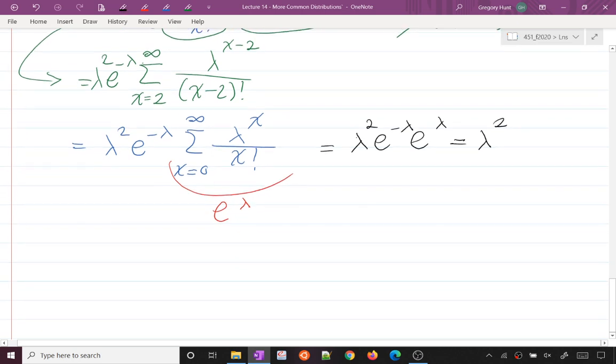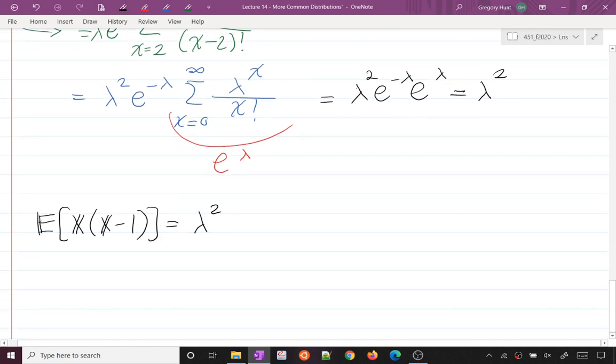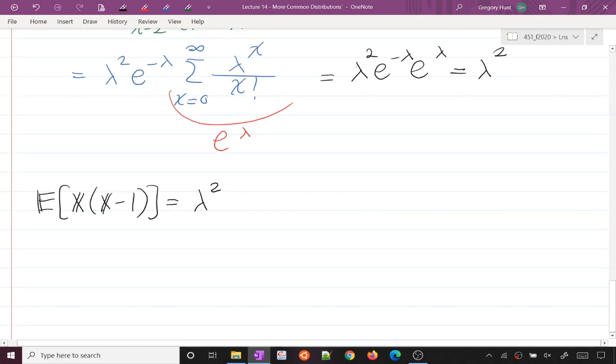So what we showed in this case is that the expected value of x times x minus 1 is lambda squared. And you could play this game with x times x minus 1 times x minus 2, and you would probably get lambda cubed, for example.